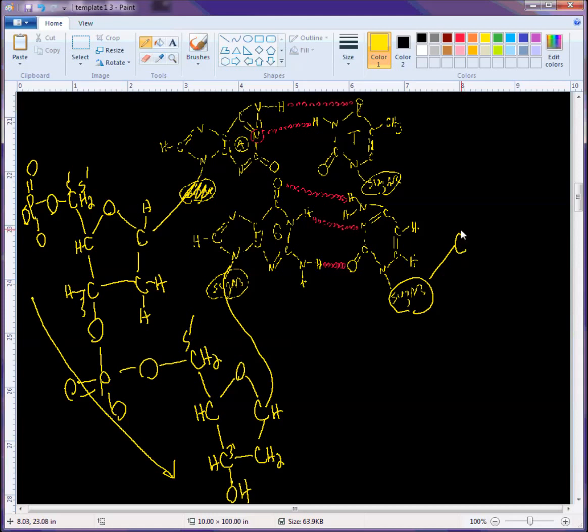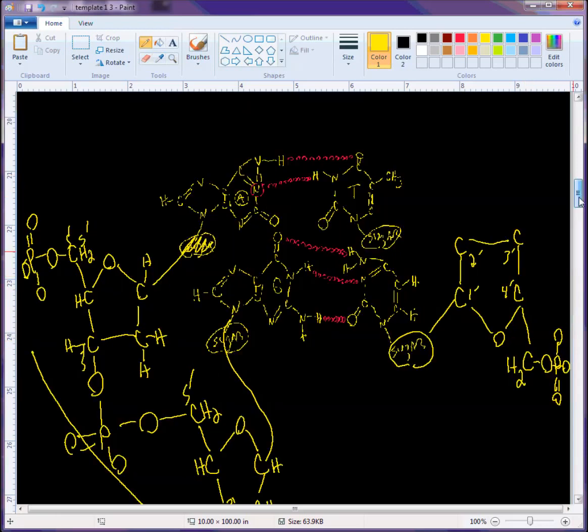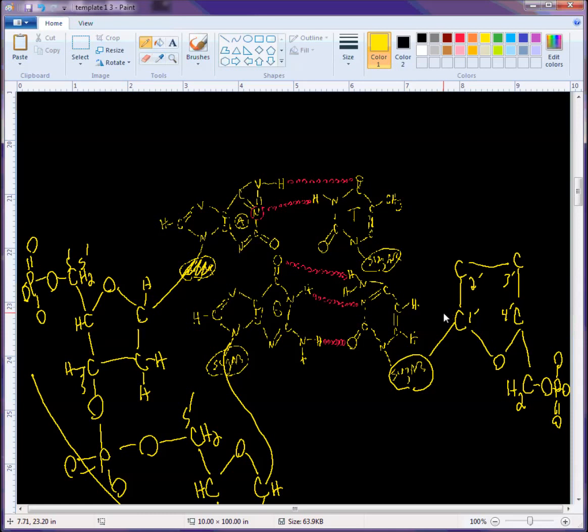Okay, carbon, carbon, the oxygen's here, carbon, carbon. So here we're going 1', 2', 3', 4', and then the 5' carbon will be right here. H2 attached to the phosphate. Okay, so I think that looks pretty good. We need some other hydrogens in here, right? How about 1 here?